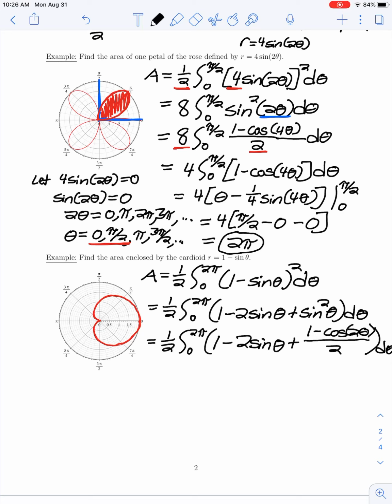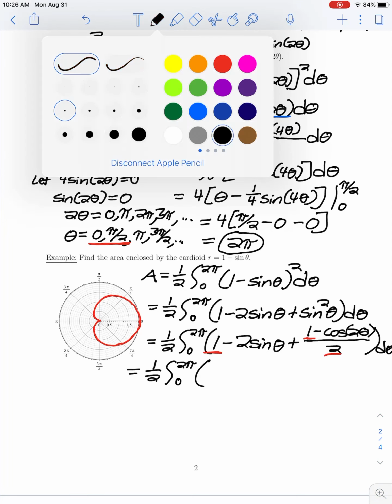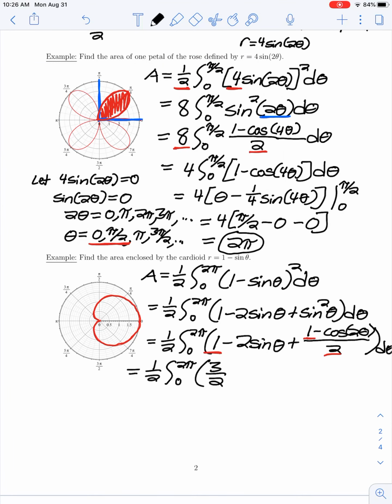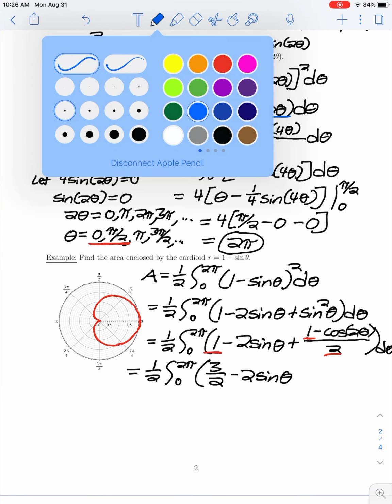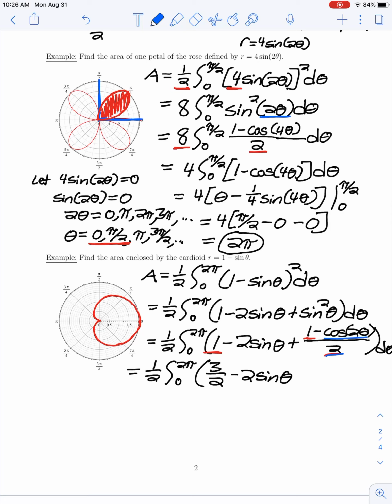So simplifying a bit further, I have 1/2 the integral from 0 to 2 pi of, well, let's group like terms together. So grouping my constants, I have a 1 and then plus my 1/2 gives me 3/2. Then I have my minus 2 sine of theta, and then I'm still subtracting a cosine of 2 theta over 2, or 1/2 cosine of 2 theta.